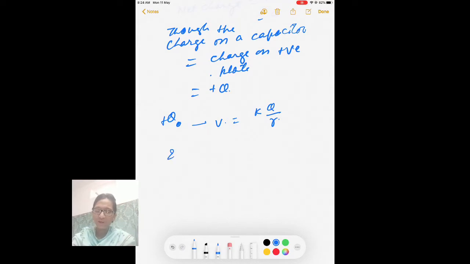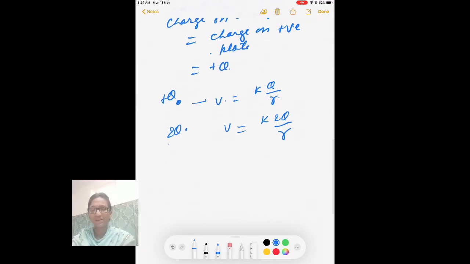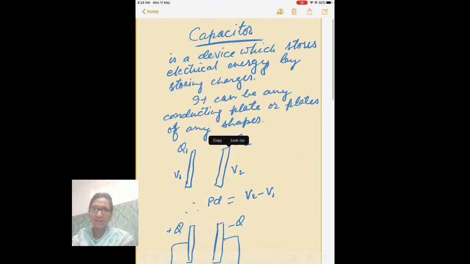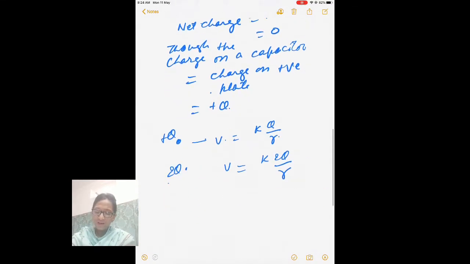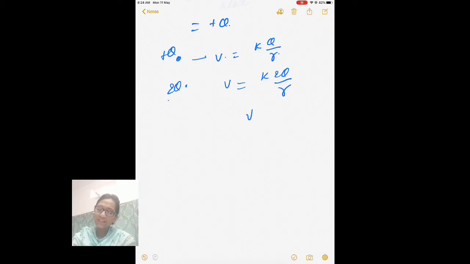If you take 2Q charge, then potential becomes K2Q by R. So when charge is double, potential also is double. When charge is thrice, potential also is thrice. So you find that the potential that is developed is actually proportional to the charge on positive plate.